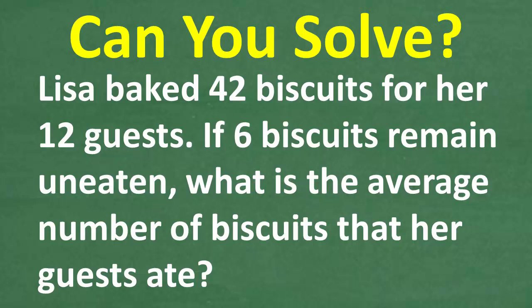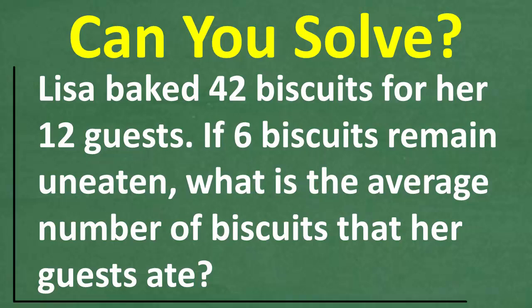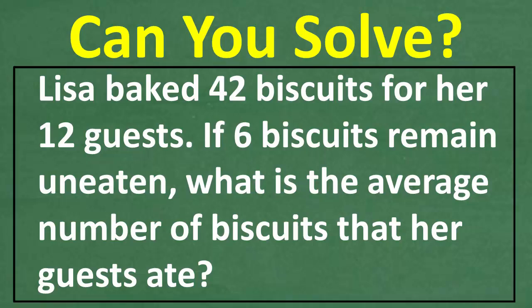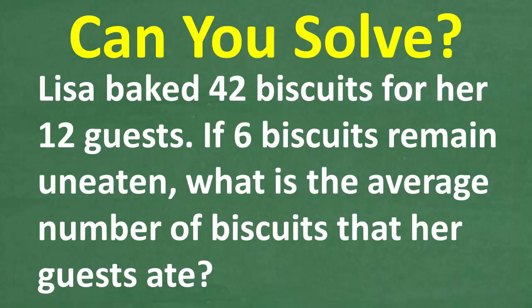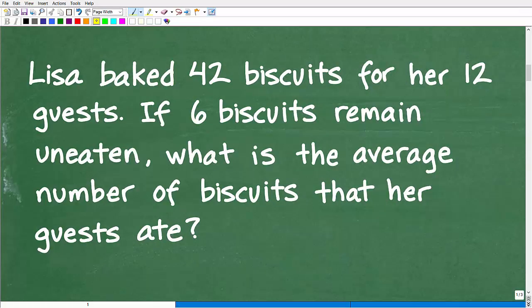Okay, let's take one more look at the question. So Lisa, she's very nice. She's going to bake 42 biscuits for her 12 guests. All right, so if 6 biscuits remain uneaten, what is the average number of biscuits that her 12 guests ate? Okay, so first things first, we have a math word problem, and always use the rule of 3.